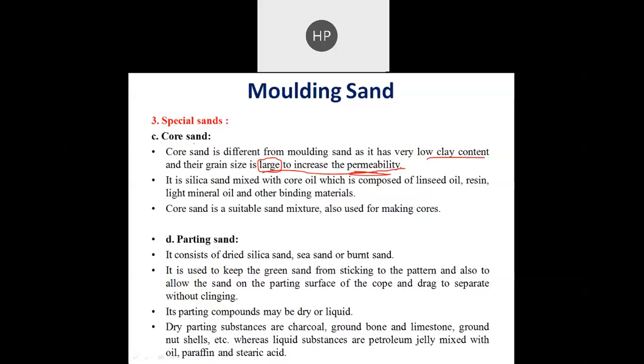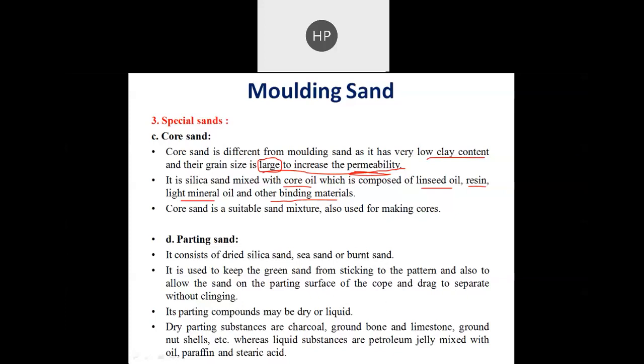Okay, and it is silica sand mixed with core oil, which is composed of linseed oil, resin, light mineral oil and other binding materials. So in that case we have linseed oil, resin, light mineral oil and some other kinds of binders which are mixed with the sand.